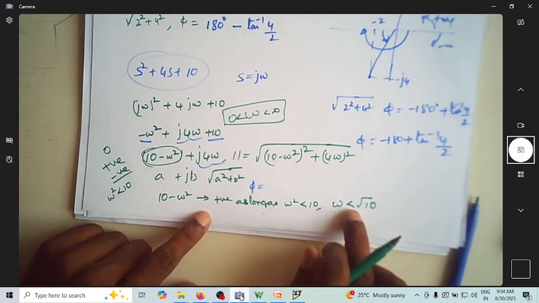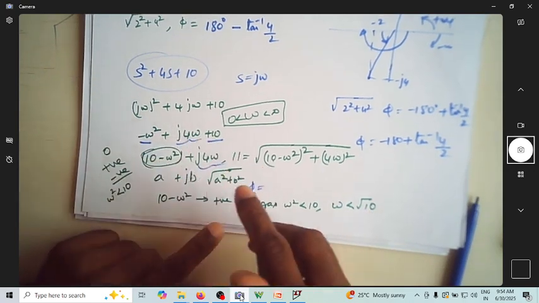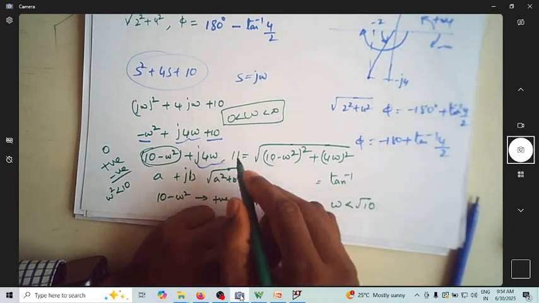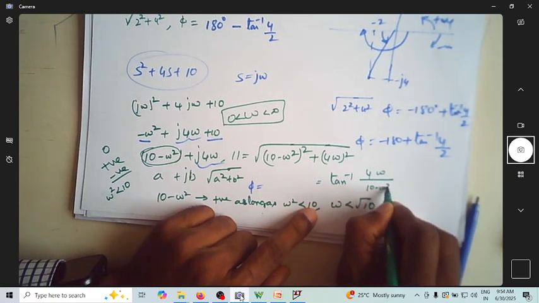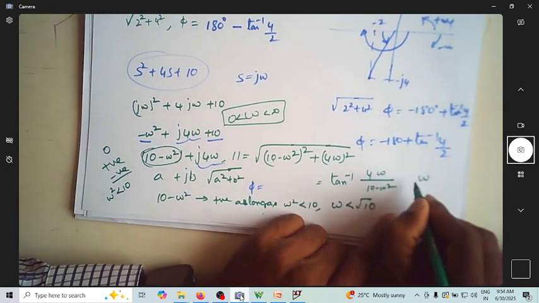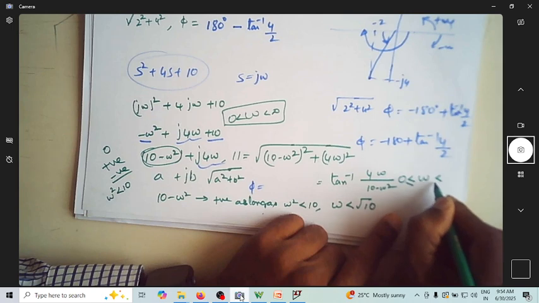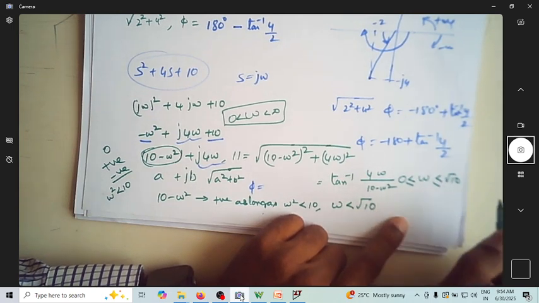So when omega is less than root 10, can I write the phase of this as tan inverse of 4 omega by 10 minus omega square, for all values of omega from 0 to less than or equal to root 10.